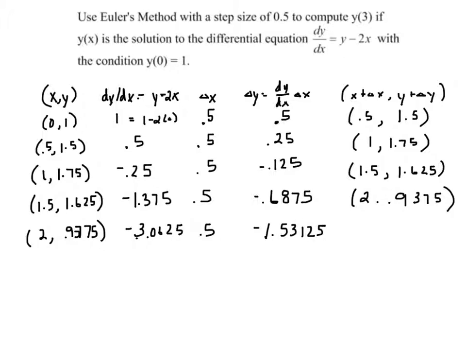So 2 plus 0.5 is 2.5. I may have to start rounding here. 0.9375 plus that value, 0.59375. That becomes our new value. We've got one more round to go.